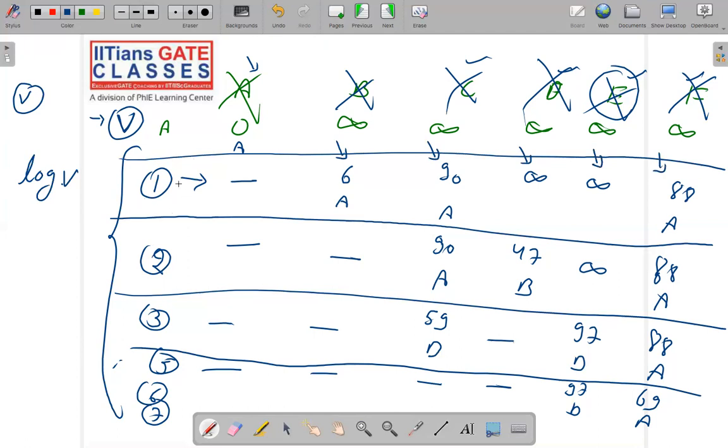At each pass, we are deleting a node with minimum weight. In a min heap, deletion takes order of log n, where n is the number of vertices, so it is log V.